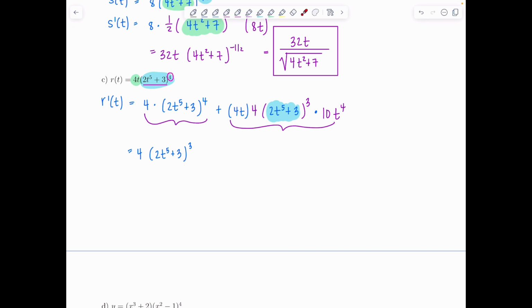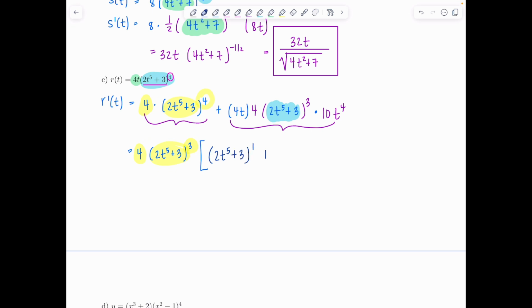Why only to the 3rd? Because this second term only has 3 of them. I can't take out more than what any one of them has. So this is what I'm factoring out. Then let's see what's left over. If I've taken out 4 and (2t to the fifth) cubed, I have one more left, so I have 2t to the fifth plus 3.